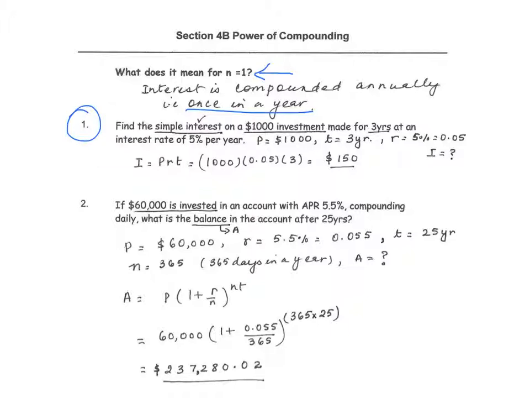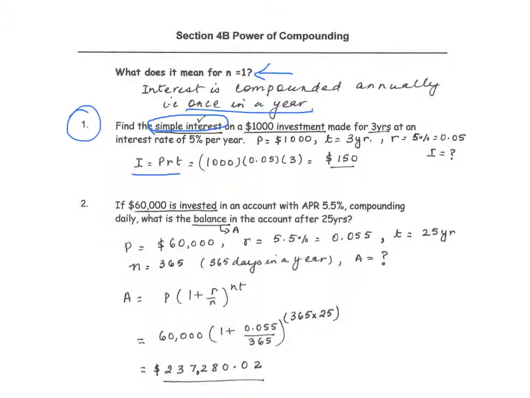It says find the simple interest on a $1,000 investment made for 3 years at a simple interest rate of 5%. The important thing is to note that it is a simple interest problem. So if it is a simple interest problem and we need to figure out interest, you can look at the formula that is given on the previous page, and we have I equals PRT.